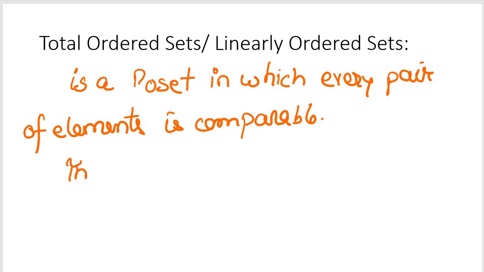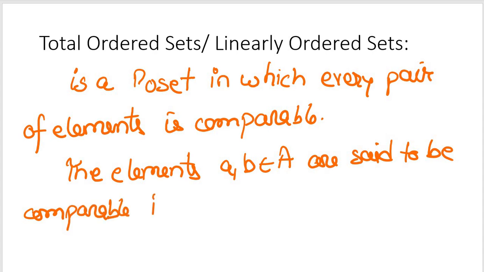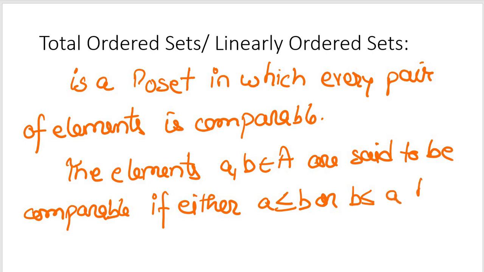What comparable means is that the elements a, b in A are said to be comparable if either a is less than or equal to b or b is less than or equal to a holds. That means I can compare them. In that case, I can declare that yes, this is a totally ordered set or a linearly ordered set. So this was all about your posets.